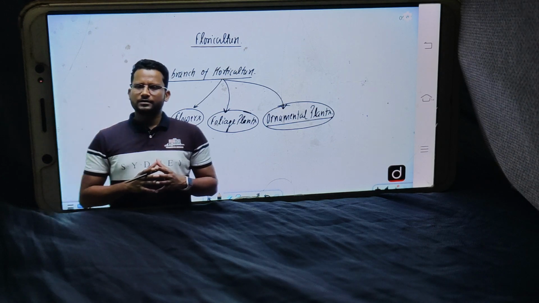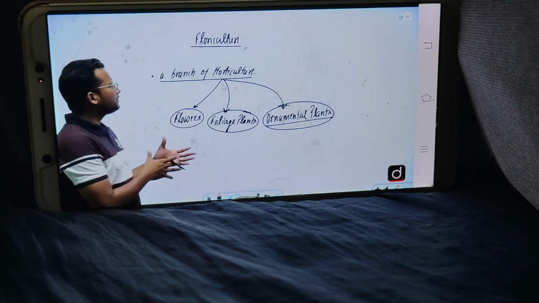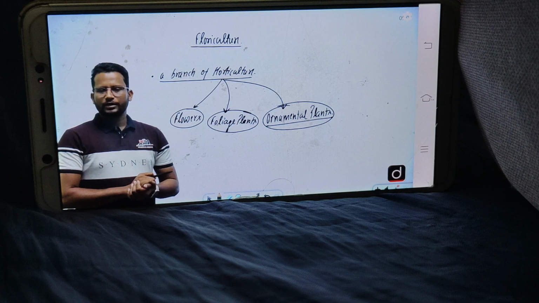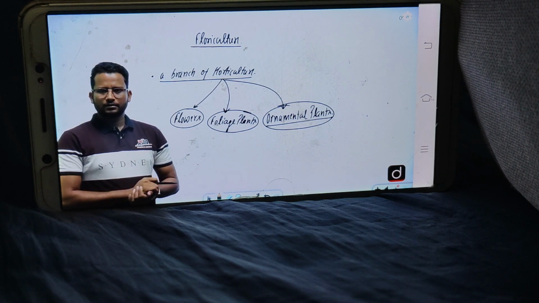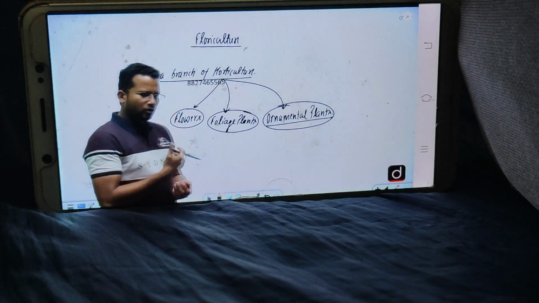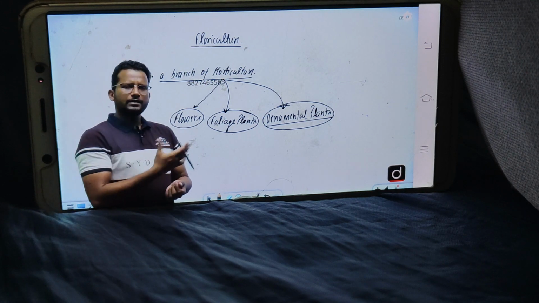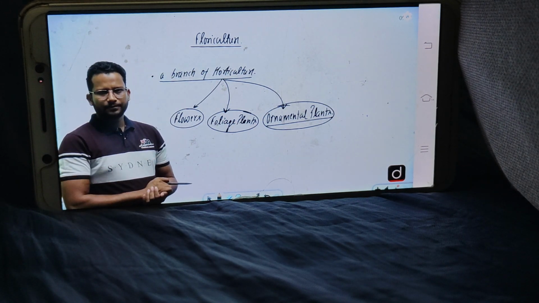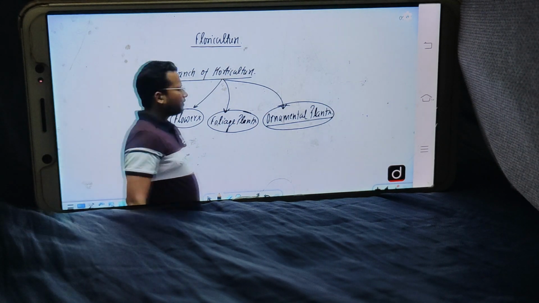This is the reason why we are discussing floriculture. Clear? So it is because of growing demand in the market that we need to fulfill that demand. Simple.